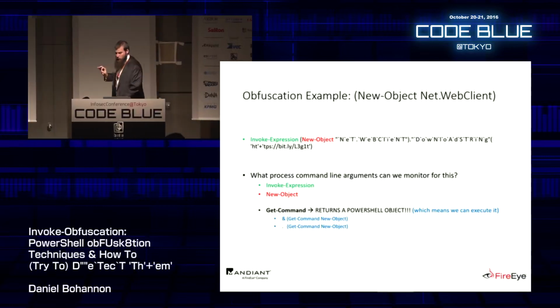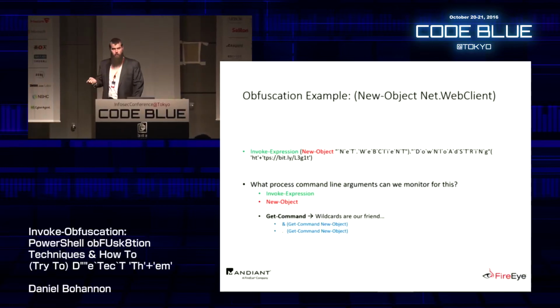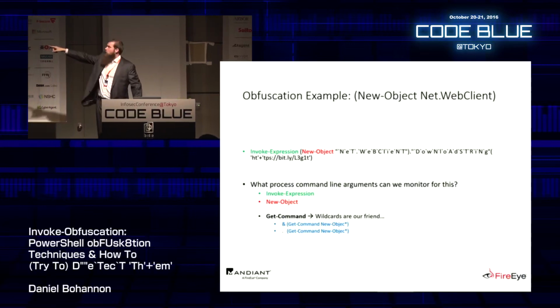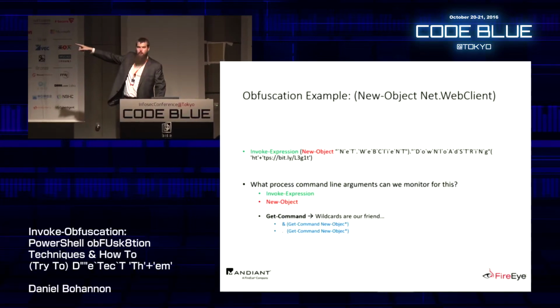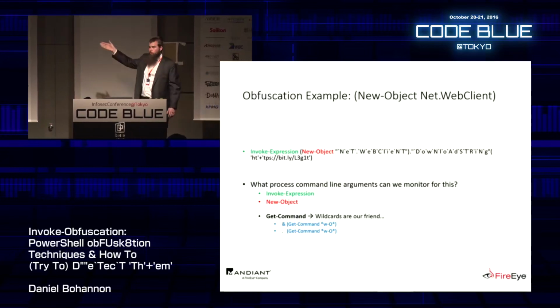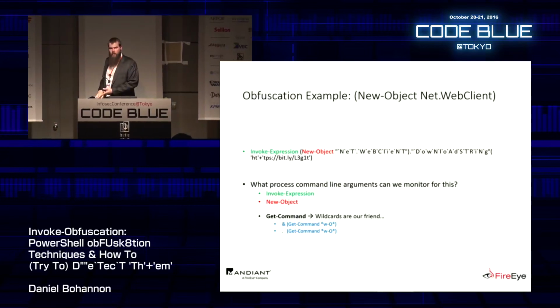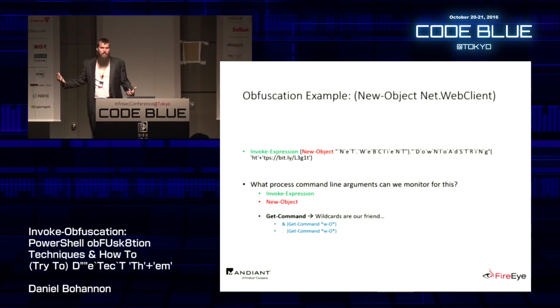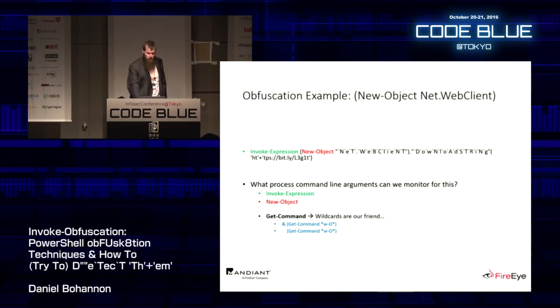And now I want you to look very closely, because remember how we were able to use wildcards to search? So we can actually use wildcards, and now that is new object. That's the exact same as if we type new object, as is that. And we can keep going all the way. Now this is new object. Crazy, right? So now, if we're looking for new object on the command line or in script block logs, you'll never see it because that is it.